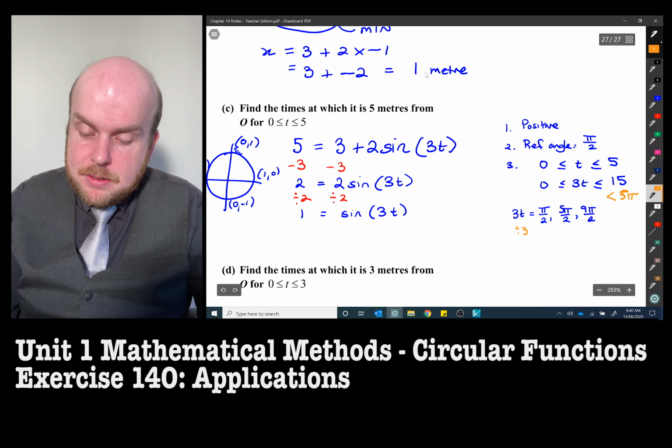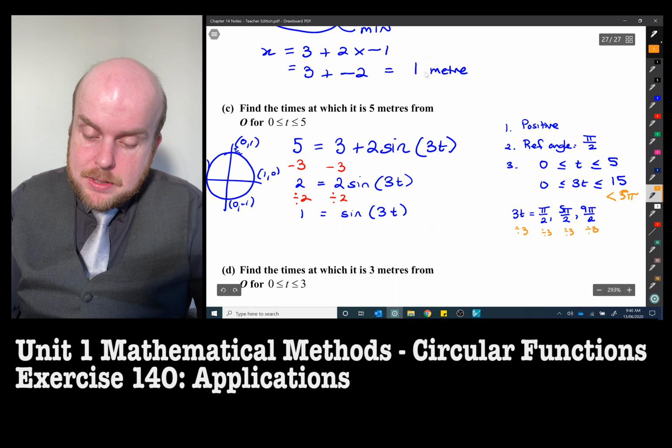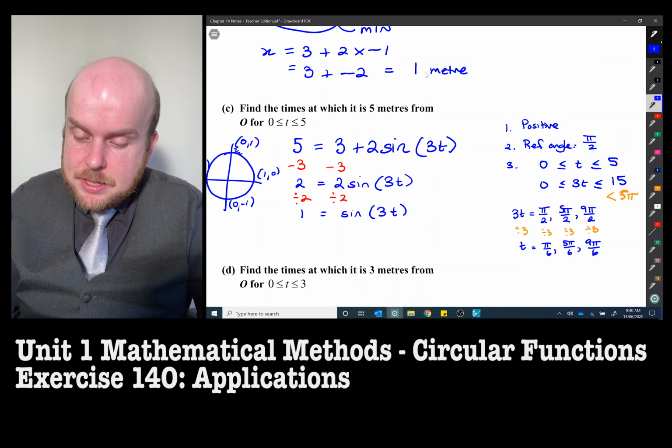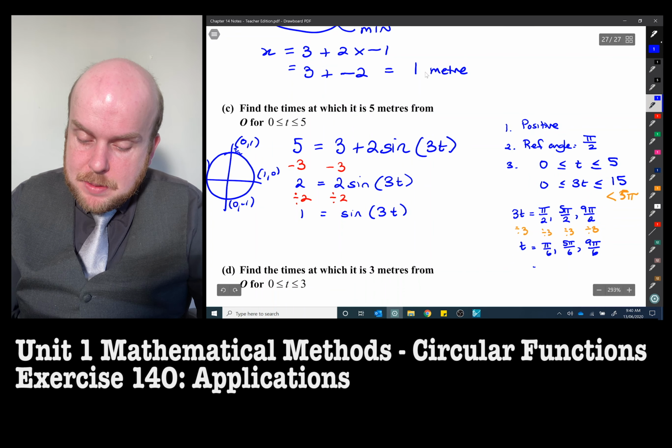So then, we just need to divide everything by 3. t is equal to pi on 6, 5 pi on 6, 9 pi on 6. Of course, 9 pi on 6 can be simplified. So that can be equal to pi on 6, 5 pi on 6, and 3 pi on 2.